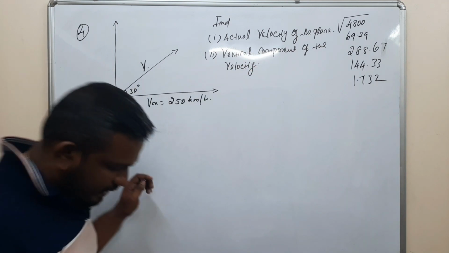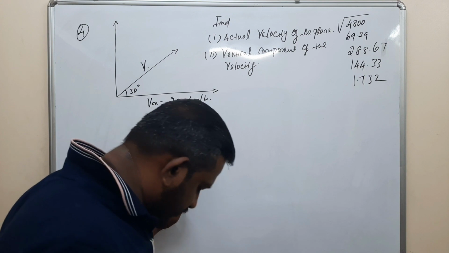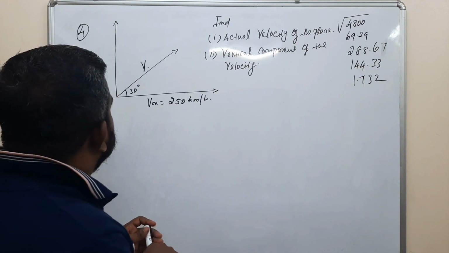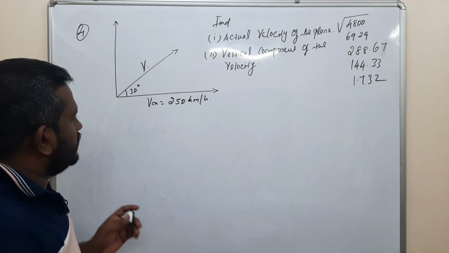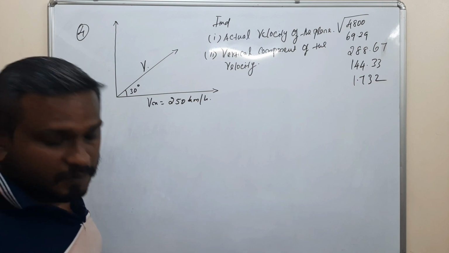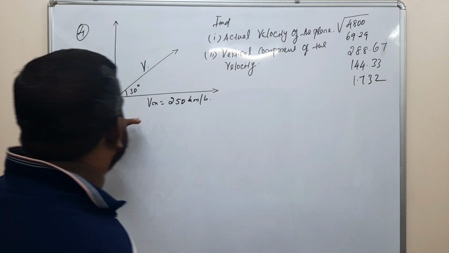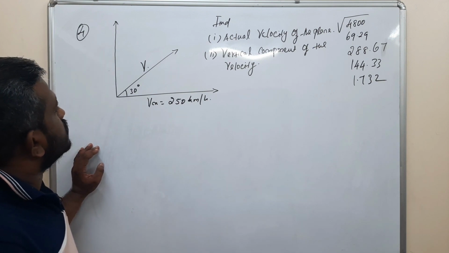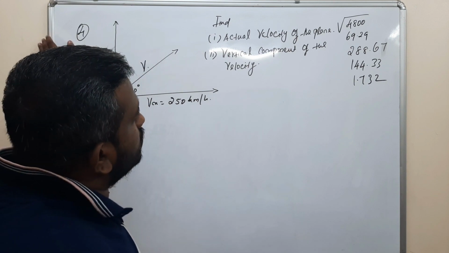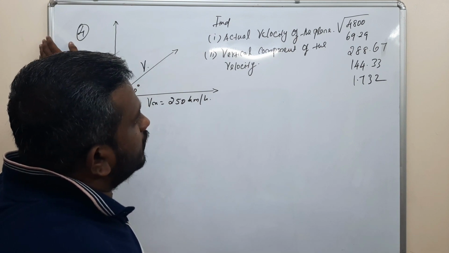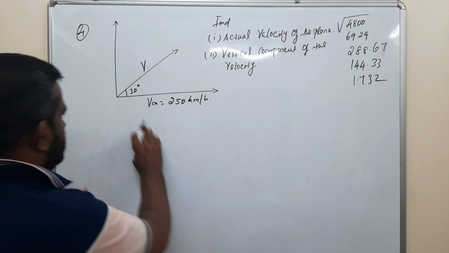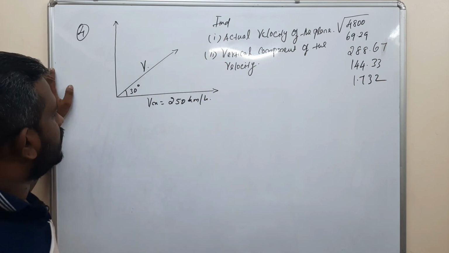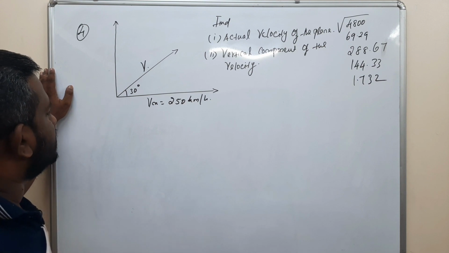An aeroplane takes off with the velocity V and it makes a 30 degree angle with the horizontal. The horizontal component of its velocity Vx is given, that is 250 km per hour. So we have to find the actual velocity of the plane and the vertical component of the velocity. So suppose V is the vector, and it makes an angle 30 degree.